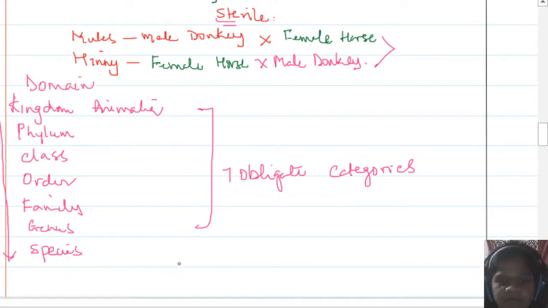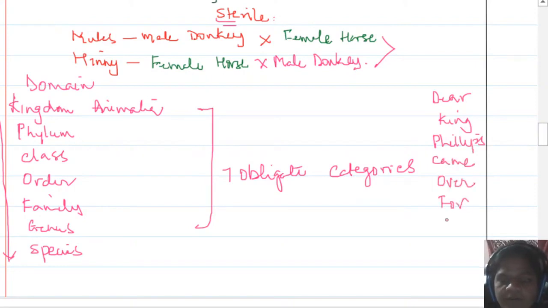So you can remember that if you put a mnemonic to it, it is Dear King Phillips came over for good soup.